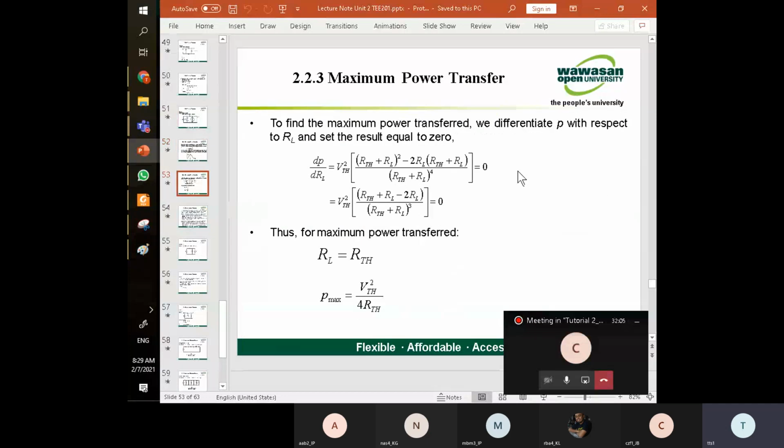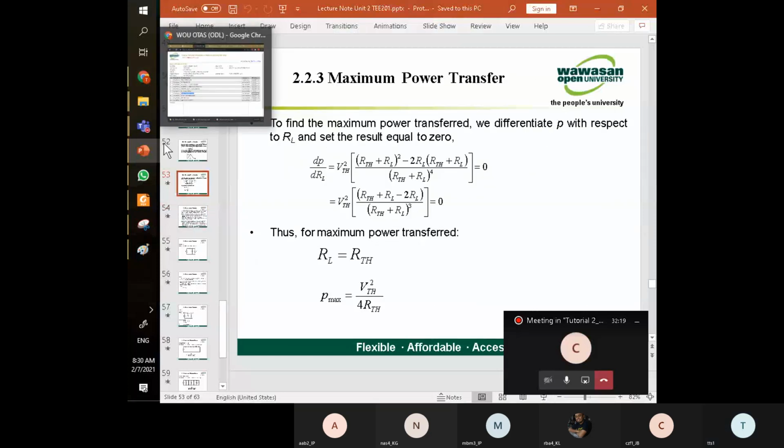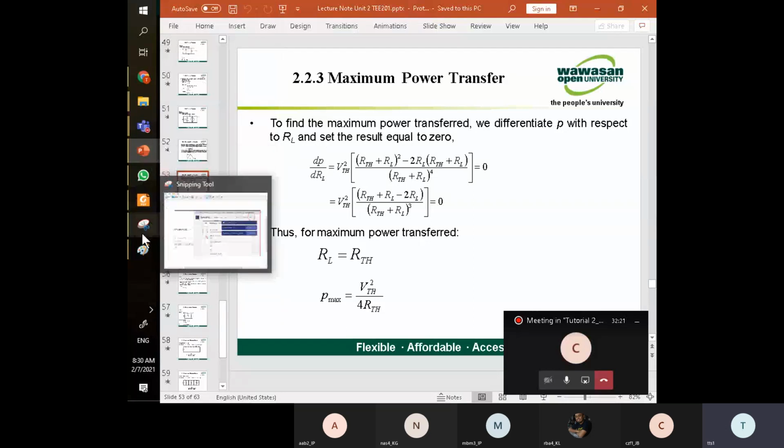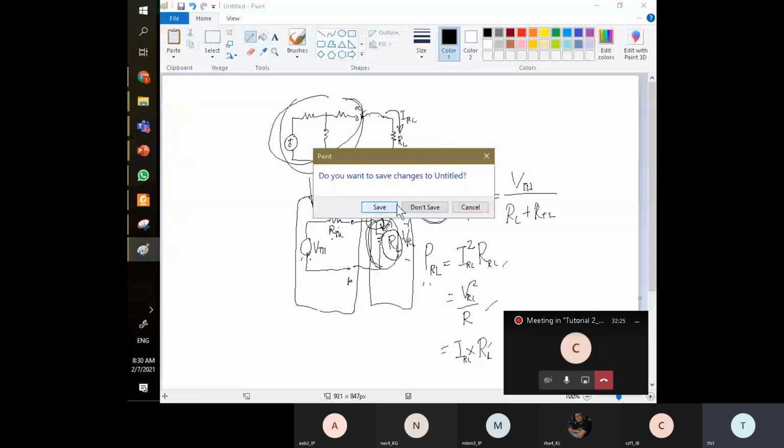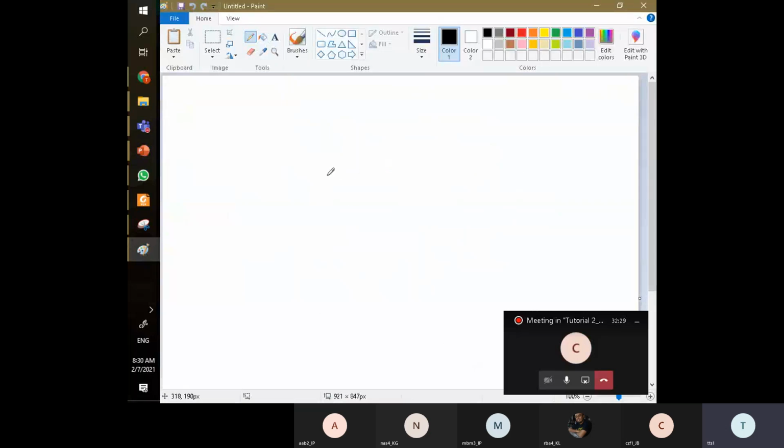The maximum power transfer is about calculating what resistance you should use to achieve the maximum power output. How to achieve the maximum power output? For example, let's say your circuit here has one voltage source as your power source, and then one internal resistance, like the battery.